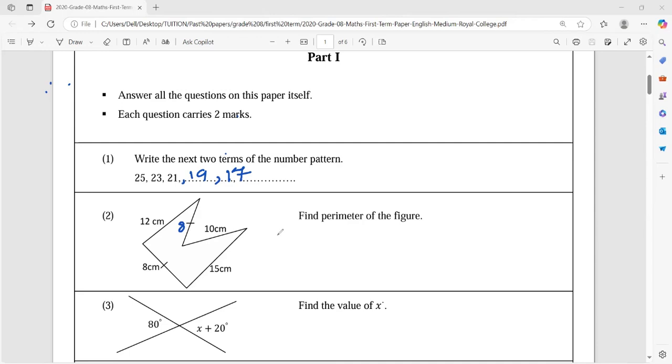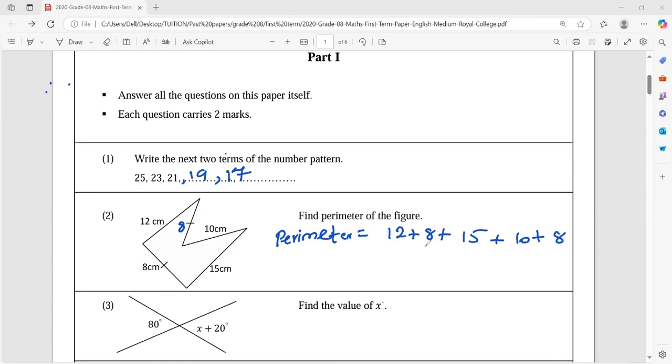Perimeter equals 12 plus 8 plus 15 plus 10 plus again 8.